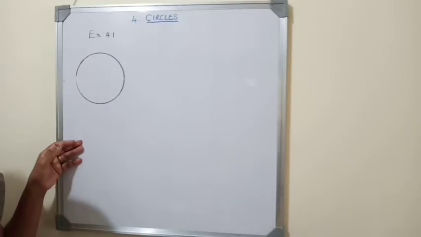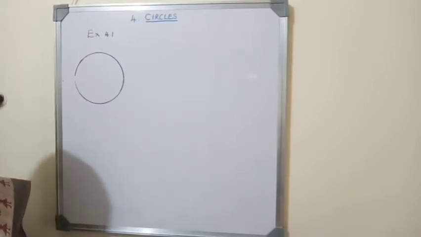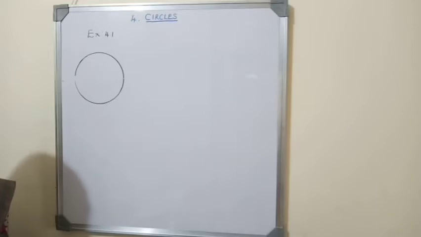Next, third question. A tangent PQ at a point P of a circle of radius 5 cm meets a line through the center O at a point Q so that OQ equals 12 cm. Find the length PQ. Here the question is a tangent PQ at a point P of a circle.